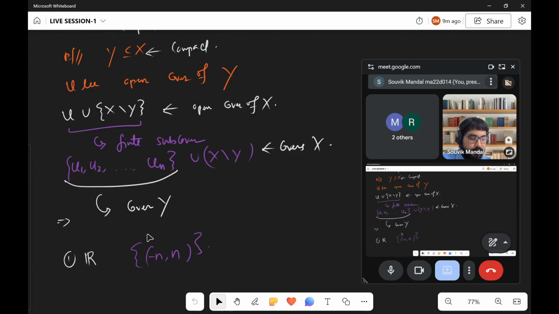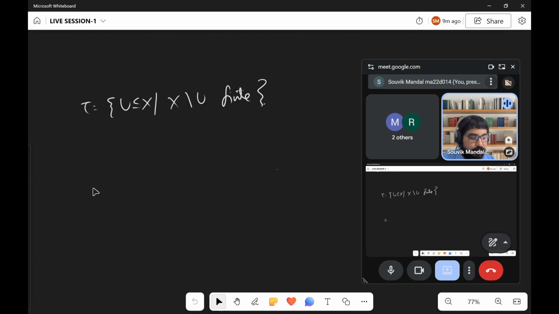Every finite set is closed in the cofinite topology and every countable set is closed in the co-countable topology. Correct. So the next question is, if (X, tau) is a cofinite space, then show that X is compact.